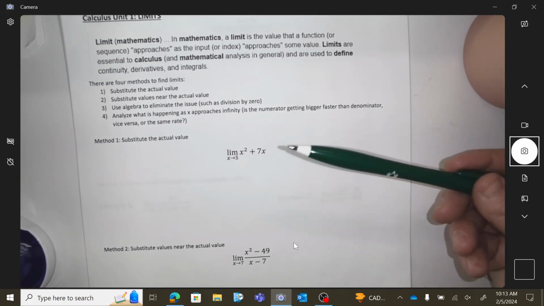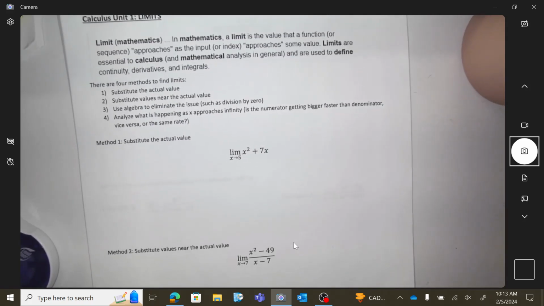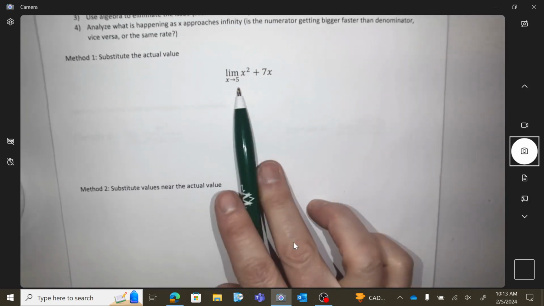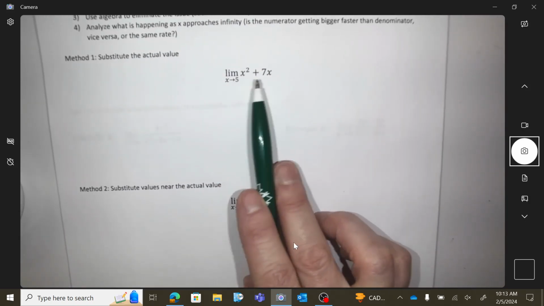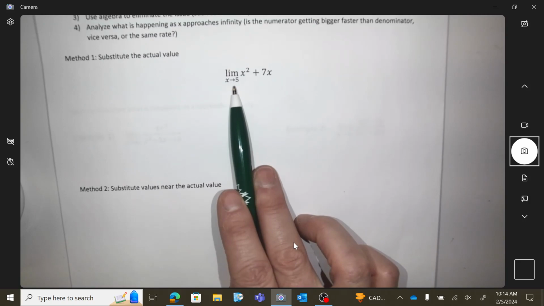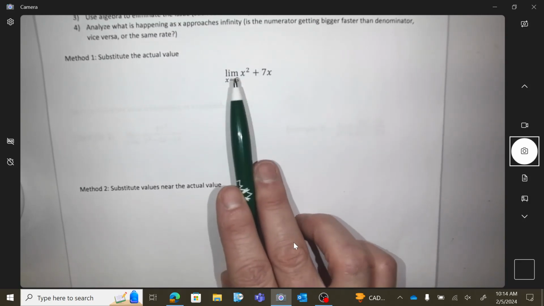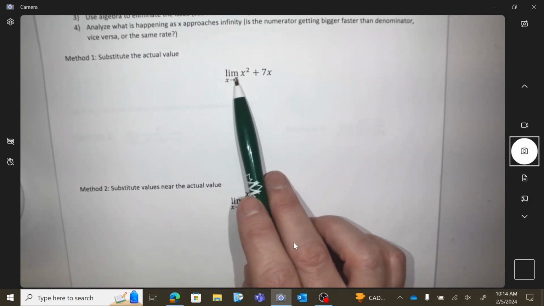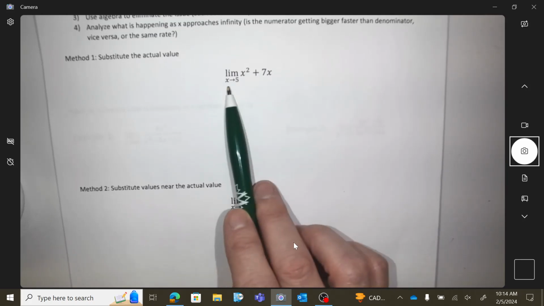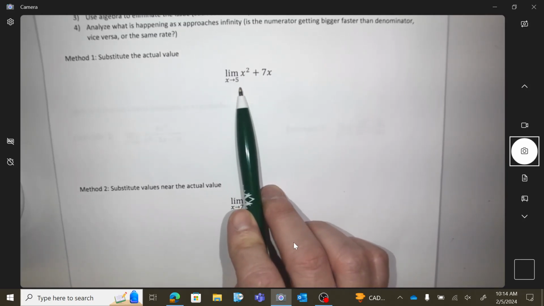Okay, so here is an example of method 1. What is the limit of this function as x approaches the value 5? So this is what that format means. What's the limit of this function as x approaches 5?